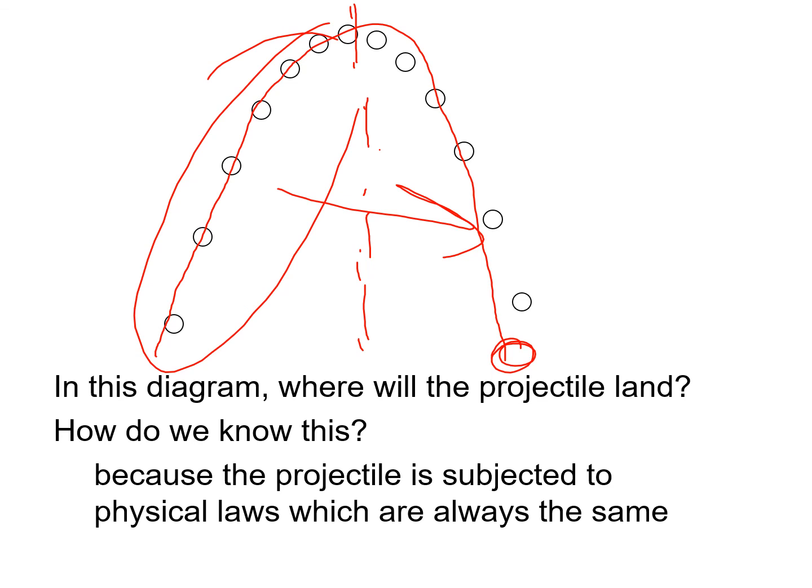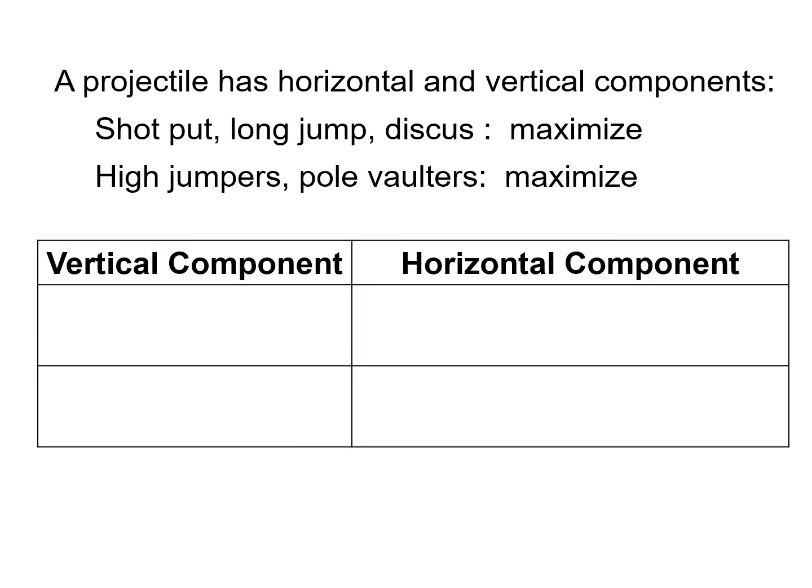Because the projectile is subject to physical laws which are always the same, at least on Earth, especially in Kinesiology 376 at UNCG during the summer 2020 semester. The laws of physics do not change, for this class at least. If they did, weird stuff would start happening.